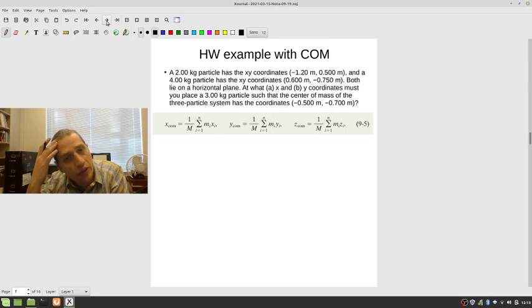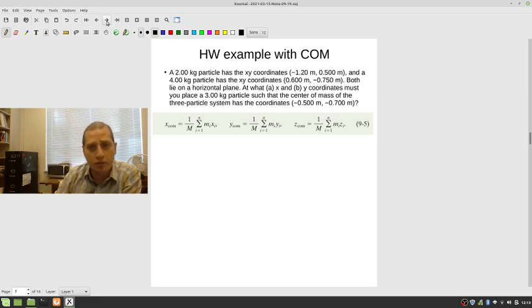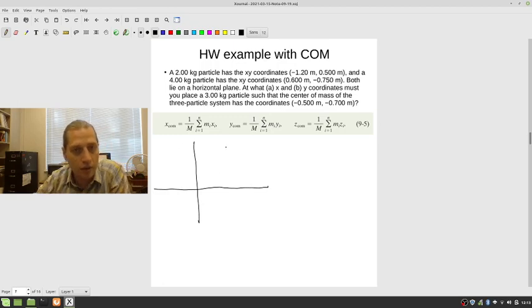Okay, so I gave you a homework problem that's pretty similar to this. It's not too much different. Let me just draw it out. It says a 2 kilogram particle has the xy coordinates minus 1.20 meters, so there's my x, and 0.5. This is meters.